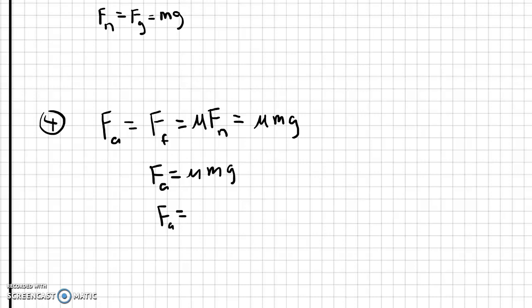So I can substitute in the mu was 0.35, mass was 350 kilograms, and gravity is 9.8 newtons per kilogram. When you do this math, what you're going to end up with is 1,200.5 newtons.